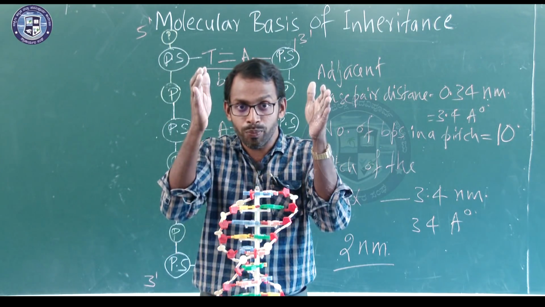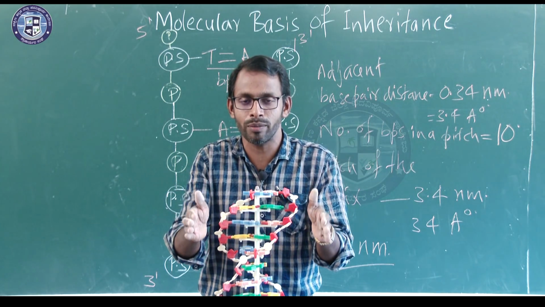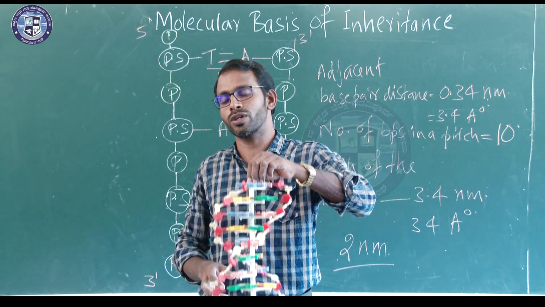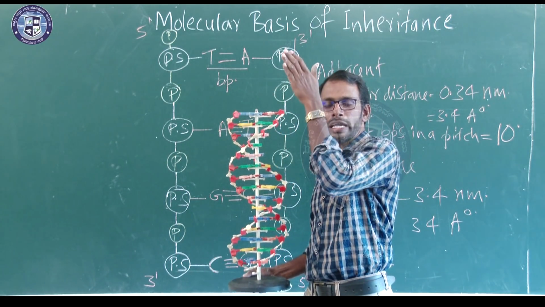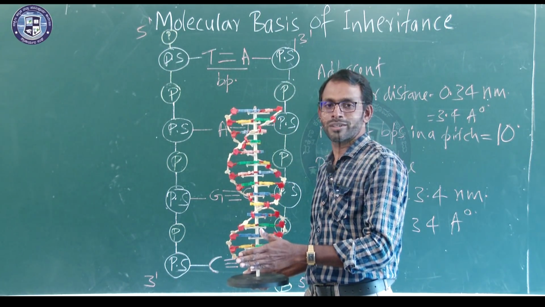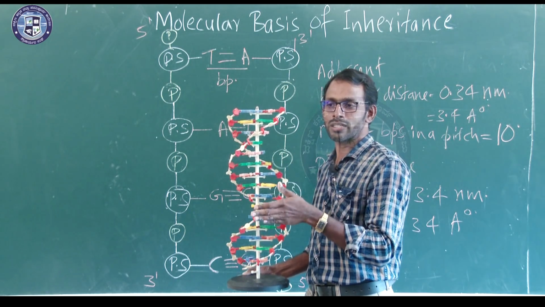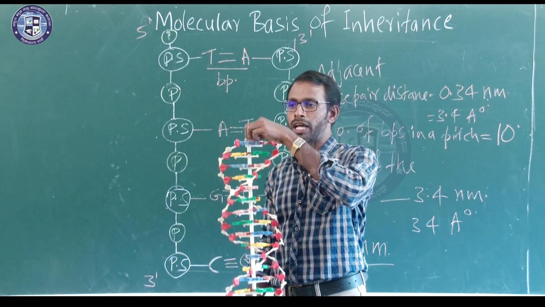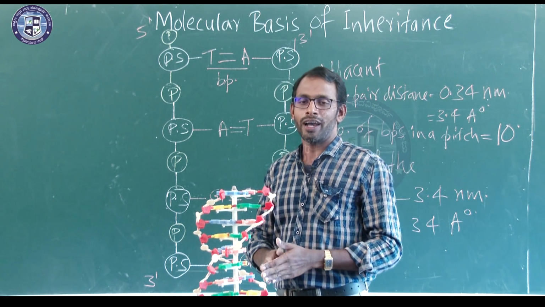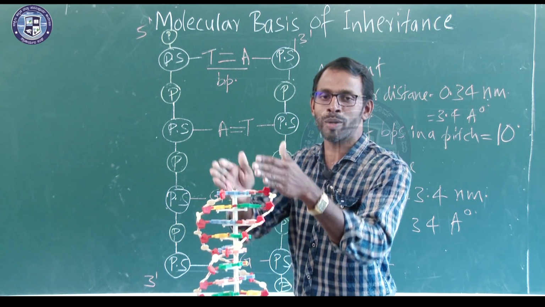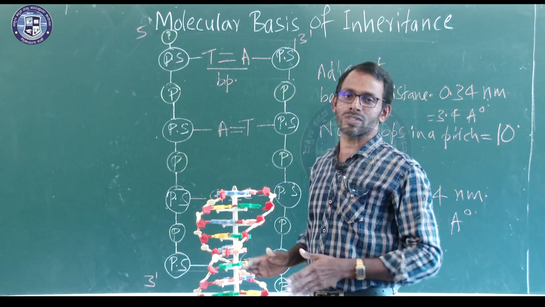Now, this particular helical pattern in the structure of the DNA made the DNA very stable chemically as well as structurally, but when it comes to the RNA, RNA did not form a double helical structure.